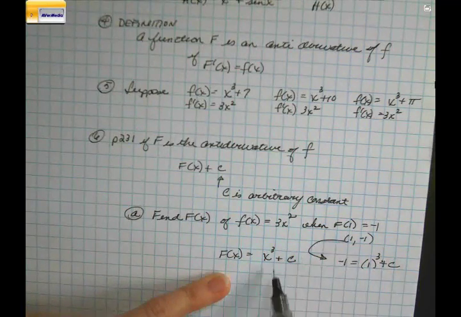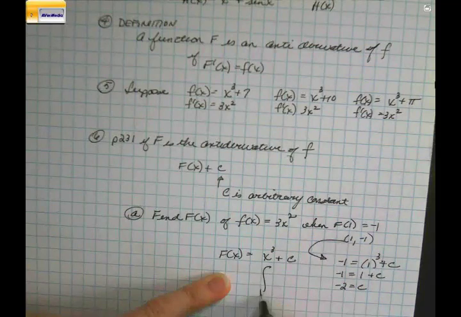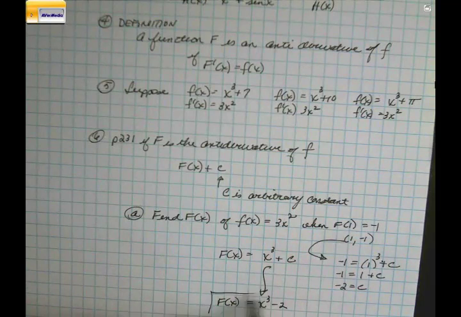So you substitute this ordered pair into the antiderivative to come up with the value of c. So negative 1 equals 1 plus c, or negative 2 is the value of the constant. So then you get the true value of the antiderivative as being x cubed minus 2.